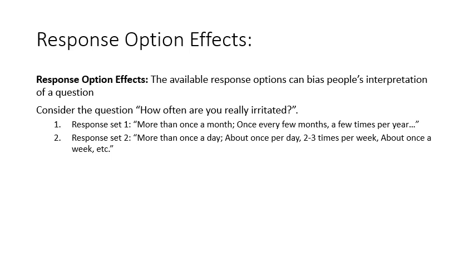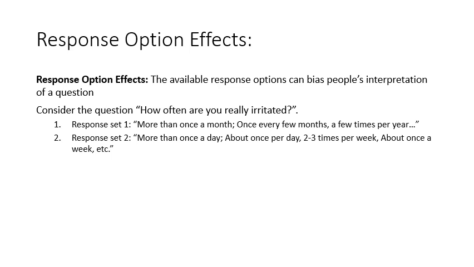I think you can see how these different response sets would lead to different interpretations of this phrase, really irritated. In response set 1, where the response options are very infrequent, they would think of really irritated as maybe flying off the handle in a potentially violent way.